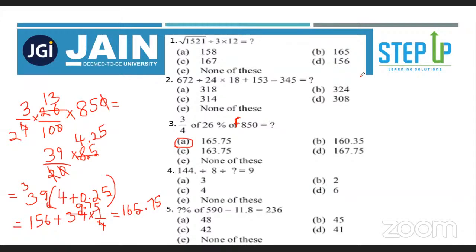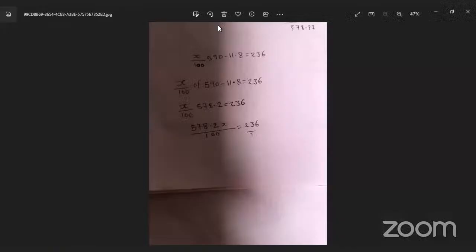So I cannot do 590 minus 11.8. As per the board math, I have to first multiply. I cannot subtract it. Did you get that? Look here, Jim. This is your paper. You cannot subtract like this, it's wrong. You have to take this to the other side. It becomes addition, or adding 11.8 on both the sides.